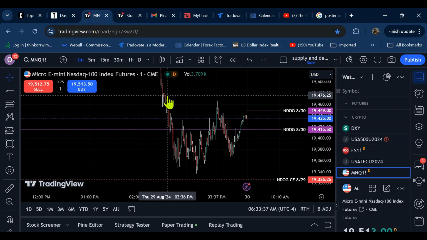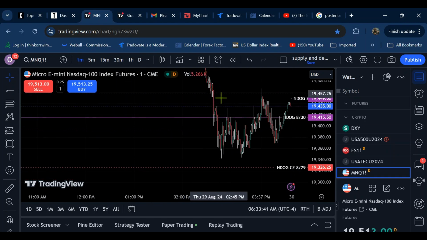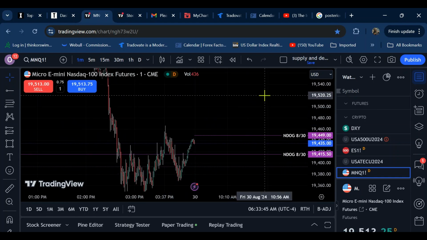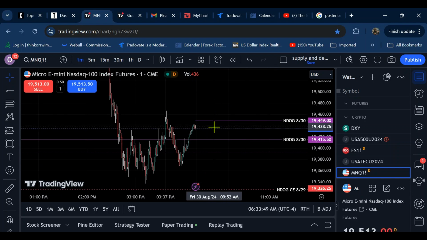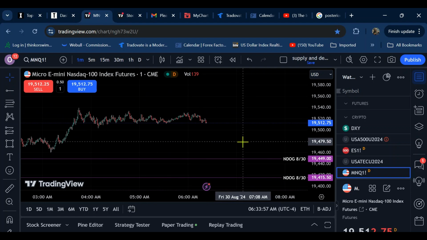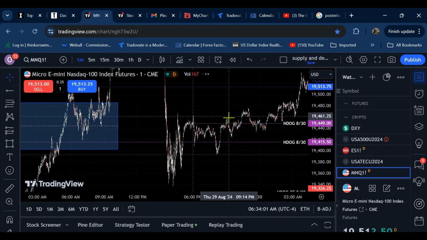So we ended up trading back down all the way through the gap, meandered around. This is all Asia session stuff. And wherever the price is now, this is where we ended yesterday. So if I change this back to electronic trading hours, this is where we ended yesterday, about right here.